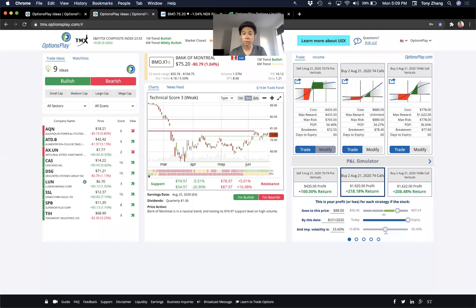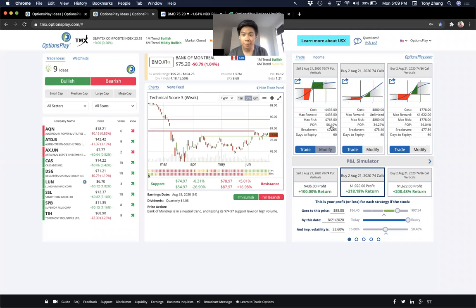Now, as you can see, yes, if you sold the credit spread, you would make money, but you're still only making $435. I see a lot of people sell credit spreads simply because they like selling credit spreads, without really realizing how much they're actually giving up when they have that strong directional view.